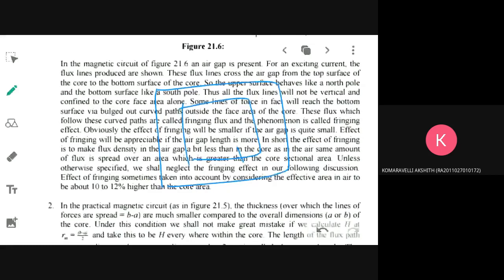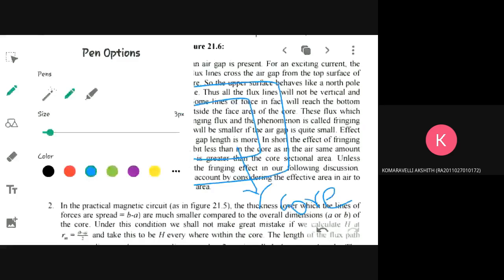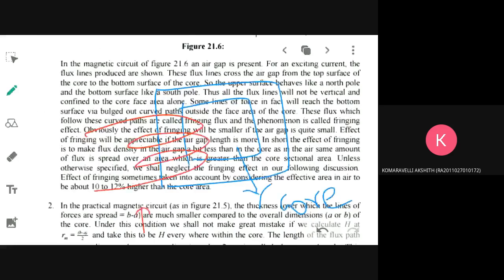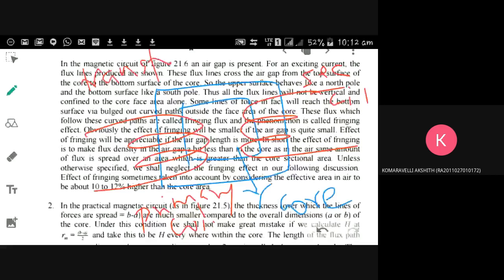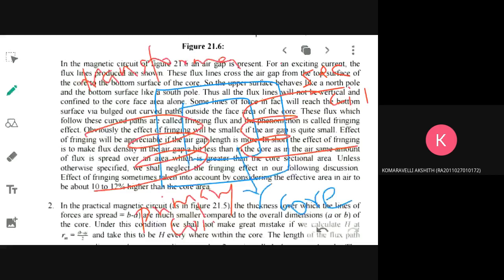On this core you wind a primary coil and a secondary coil. This is the constructional detail of a transformer. These two coils are not physically connected; they are magnetically coupled.